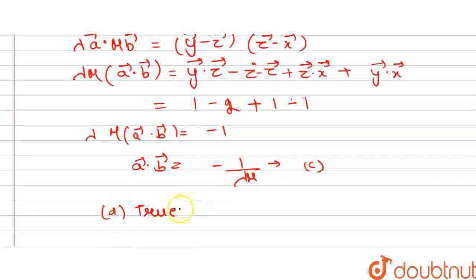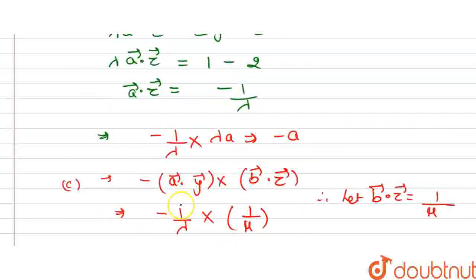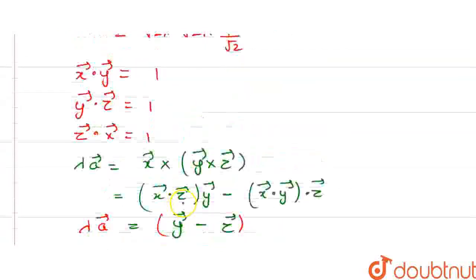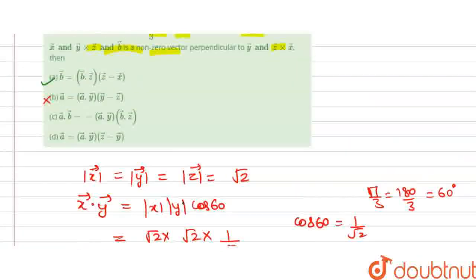So we can mark which options are true and which are false. So this is also true and this is also true. As these are of opposite sign, then this will also be equal to D, correct option. So our options A, C and D are correct. Thank you.